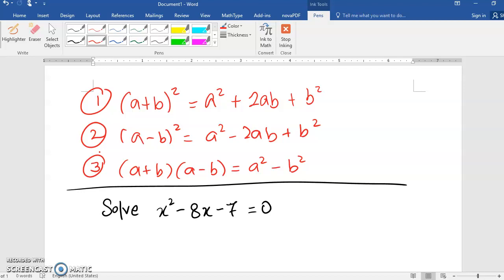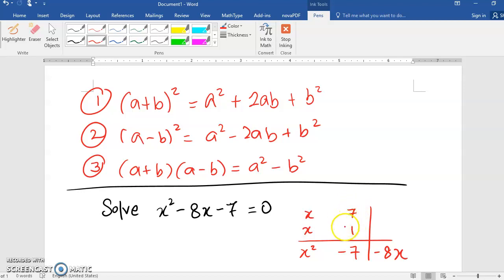Now let's look at this question. Solve x square minus 8x minus 7 equals 0. So typically how you would do it is you would start trying to factorize, right? You would draw this cross, start doing your cross method. x times x is x square. For 7, the only options are 7 and 1.